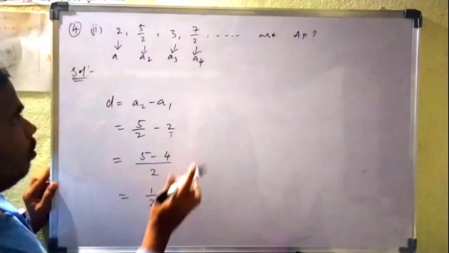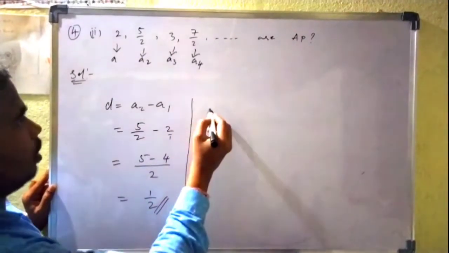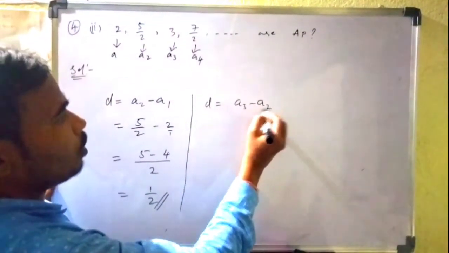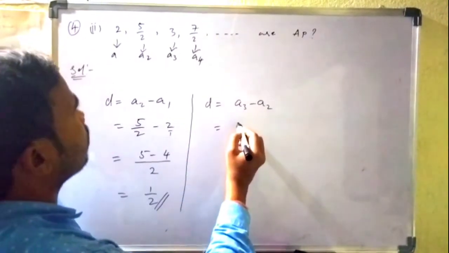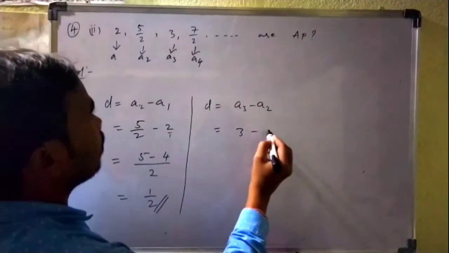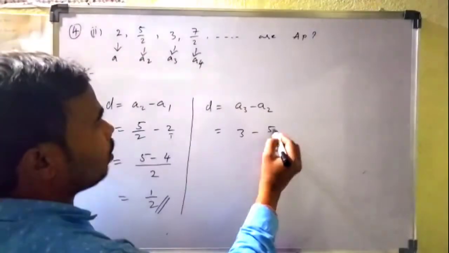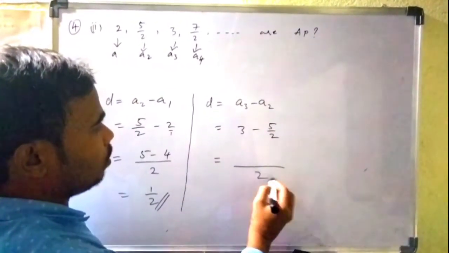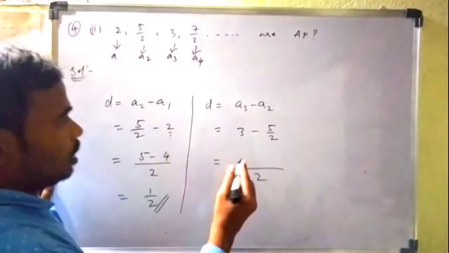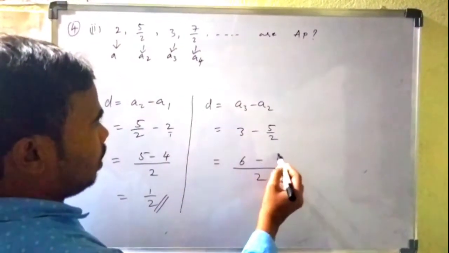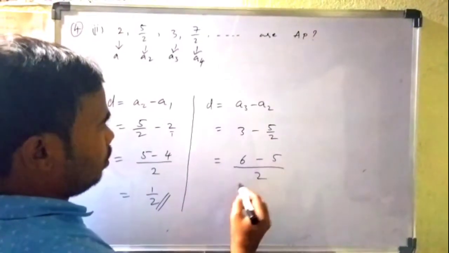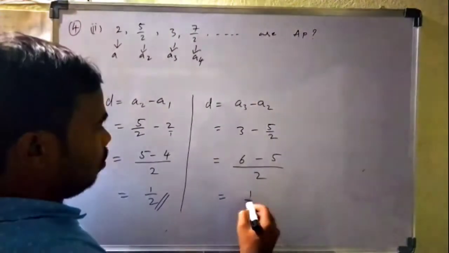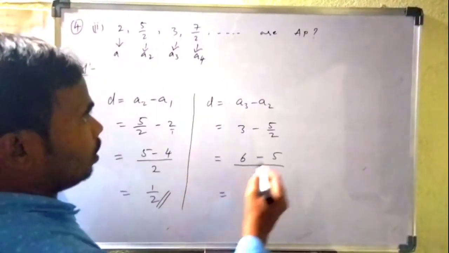And one more common difference we are finding: d is equal to a3 minus a2. a3 is equal to 3, minus a2 is equal to 5/2. The LCM is 2, and 2 threes are 6, minus 5 is equal to 1/2.